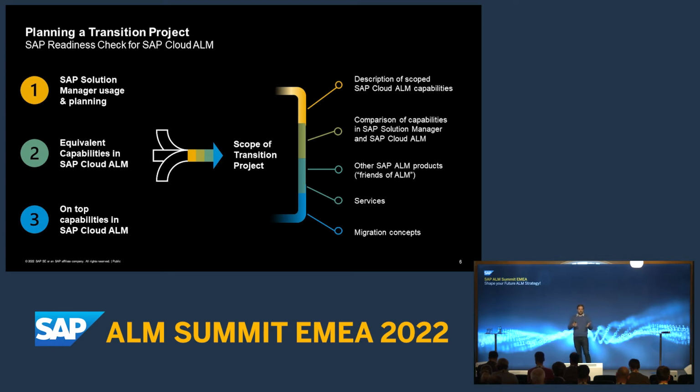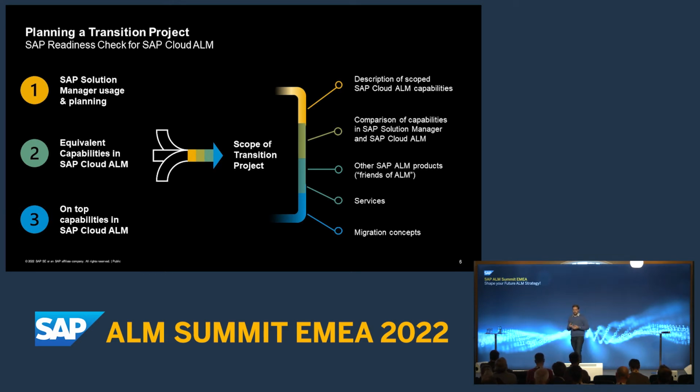Additionally, next to each of these capabilities, we will provide different levels of information. For instance, and not limited to the list we see here, the description of the Cloud ALM capability, the scope, and also the comparison between SAP Solution Manager and SAP Cloud ALM that will include, for example, what Ben mentioned in the morning, this planned transition portal.